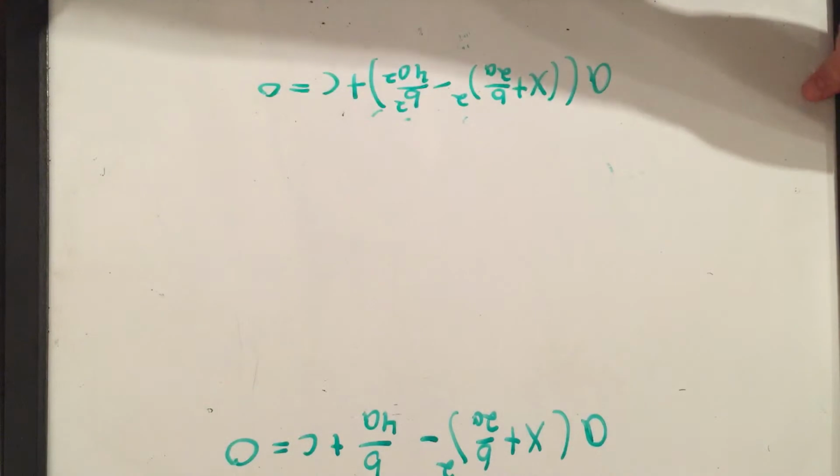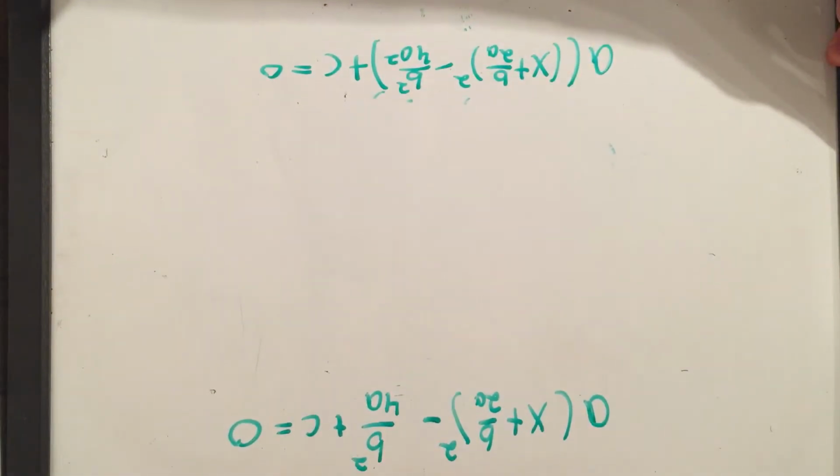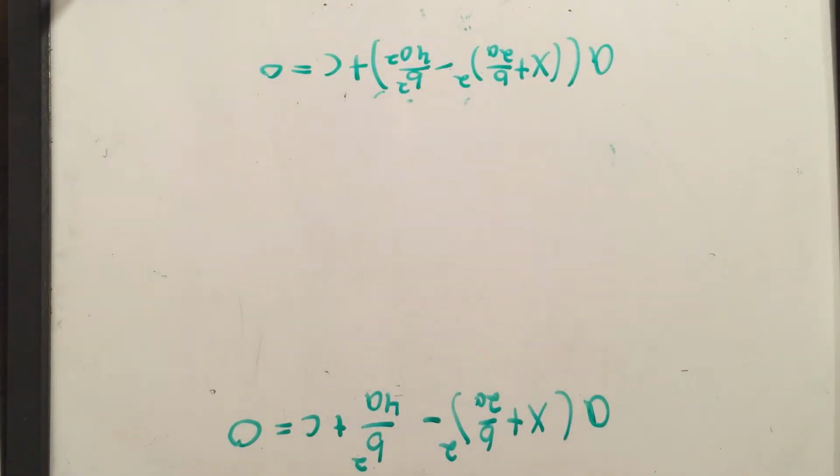Okay? And now my goal, I'm just going to try to isolate the x variable. So I'm going to do that by adding b squared over 4a to both sides and subtracting c.